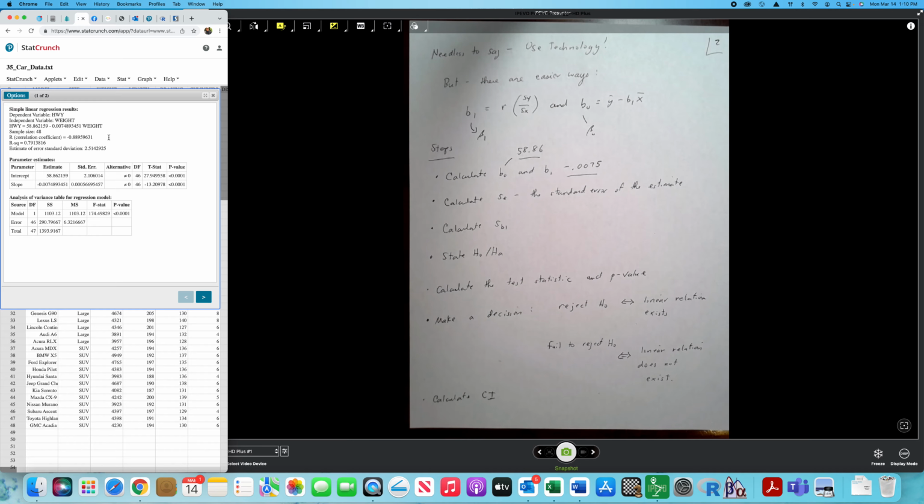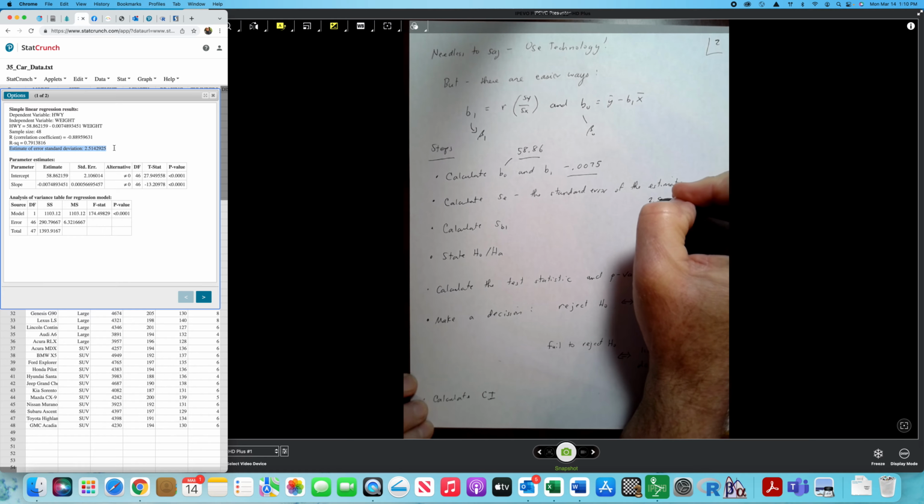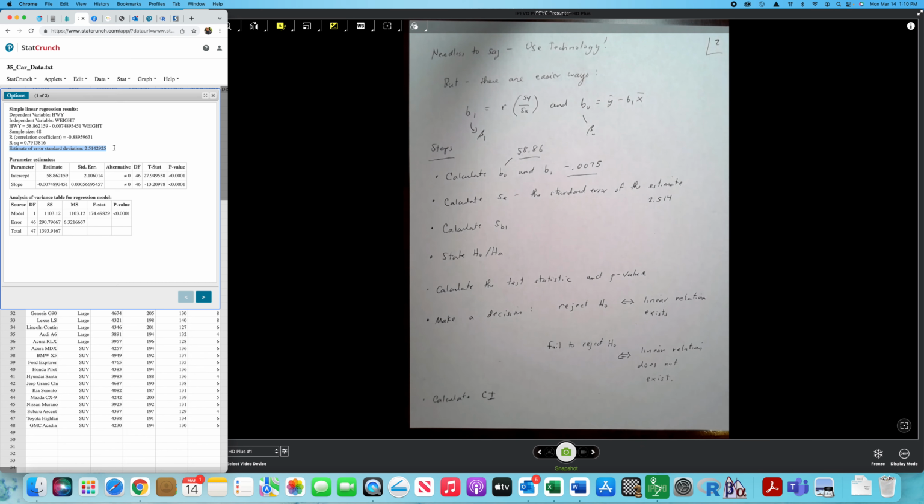Next thing, we calculate the standard error of the estimate. The standard error of the estimate comes under the estimate of the error standard deviation. So this turns out to be 2.514. And this just gives us an indication of the standard error of our residuals, which I talked about back in a previous lesson.